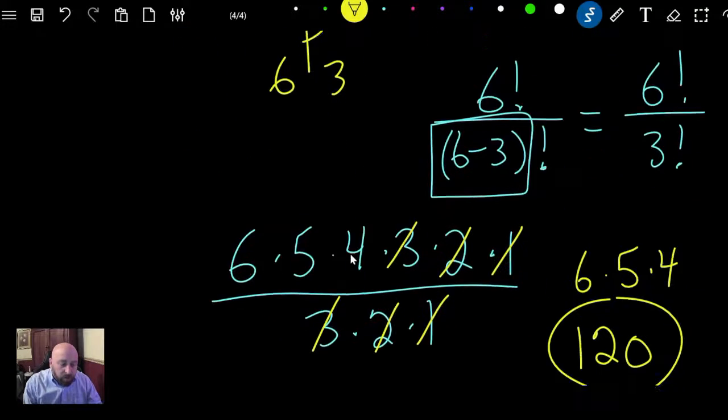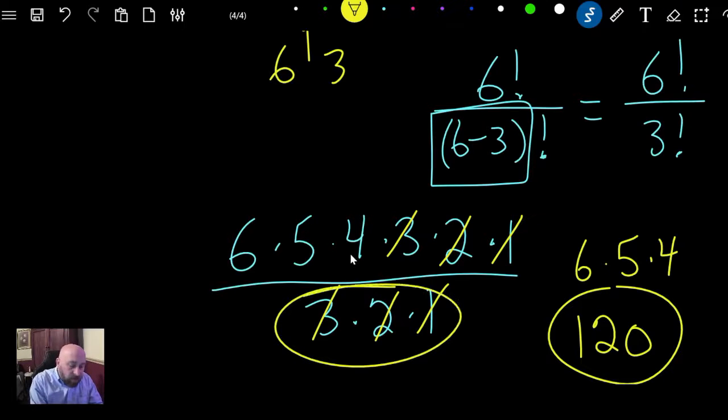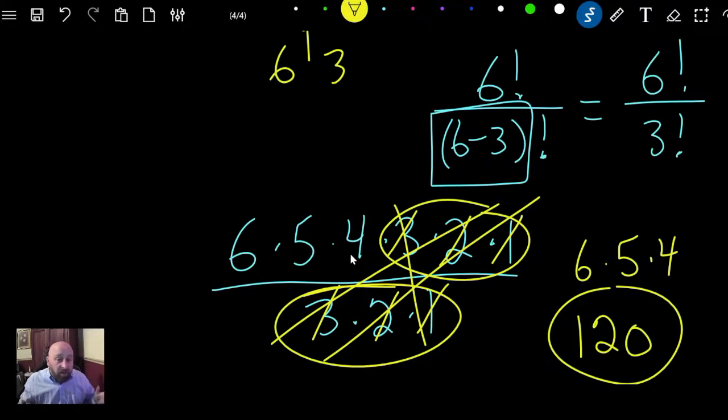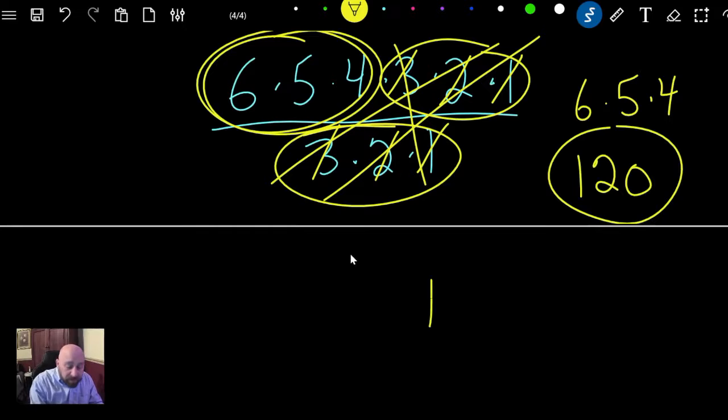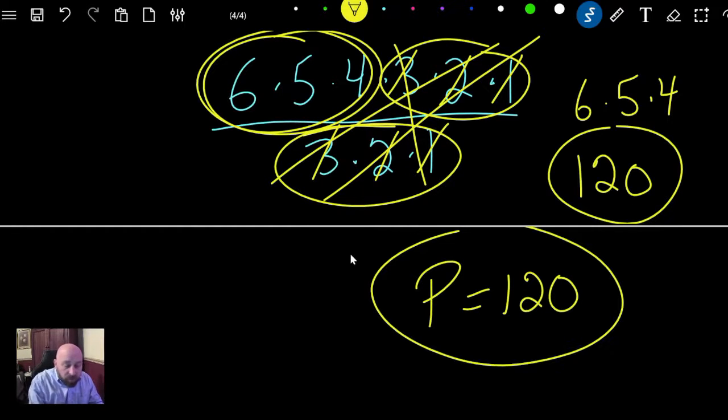Okay, so when we do that, we have to cancel out the 3 places that don't matter. These 3 places do not matter, and so that all cancels out. These are the only 3 places that matter. Multiply it out, we get the answer. The permutation for this one equals 120. There are 120 different ways that those people could finish first, second, and third place.